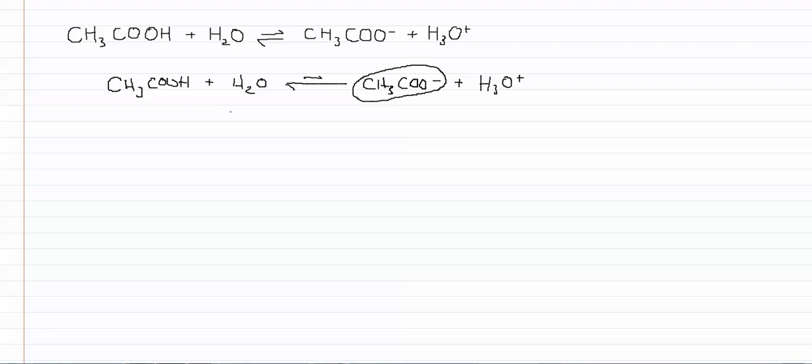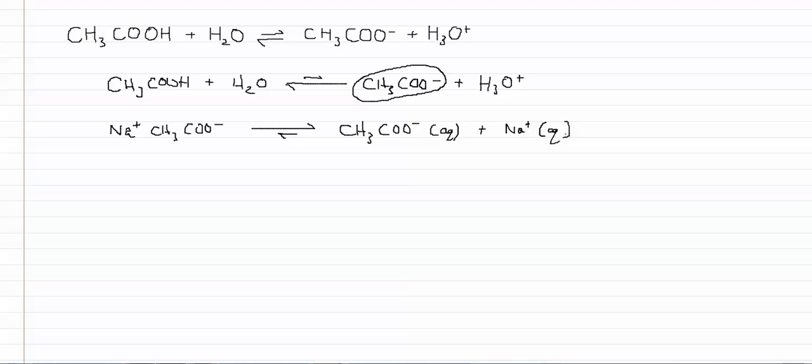So instead we add the salt of the conjugate base. So let's imagine we've got the sodium salt. And when we put the sodium salt in solution, it dissociates very extensively to form the ethanoate ion in solution, and then the sodium ion, which is just a spectator.